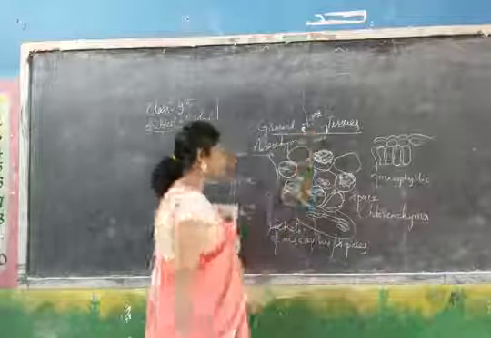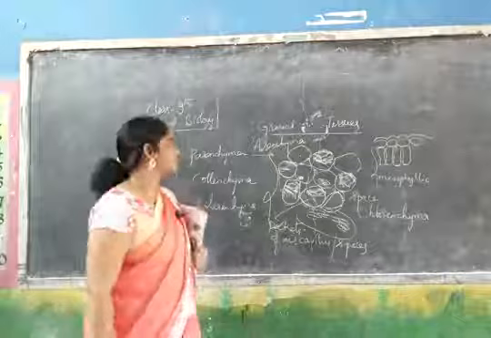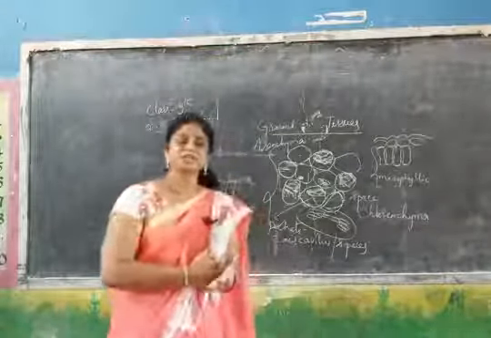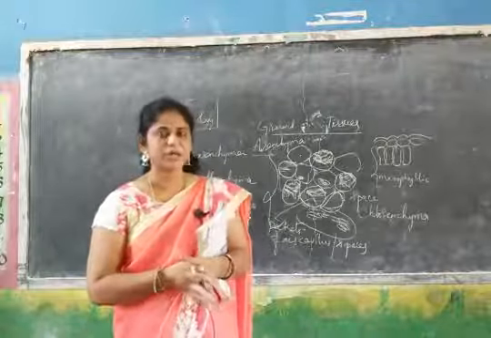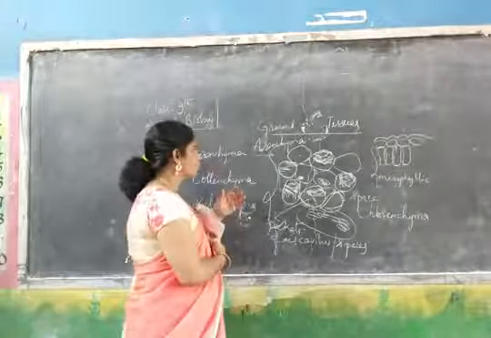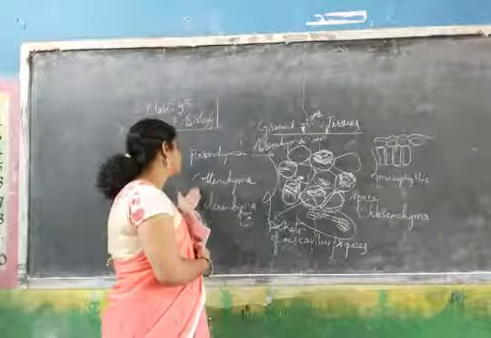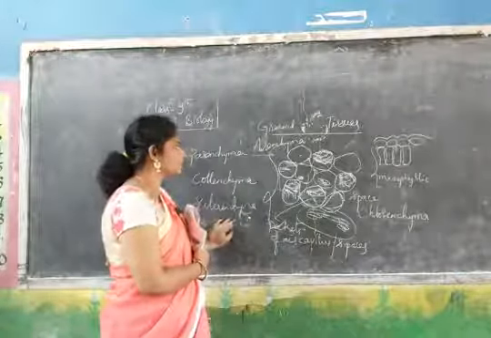Mainly, the main function of this ground tissue is storage of food material, stored in parenchyma cells, collenchyma cells and sclerenchyma cells.